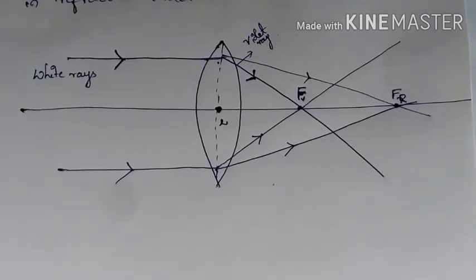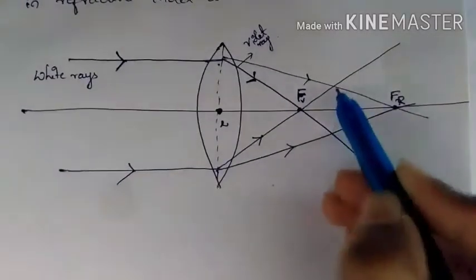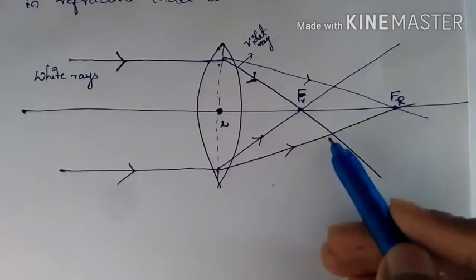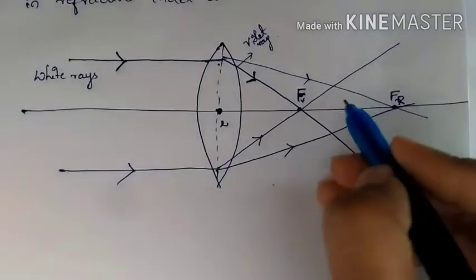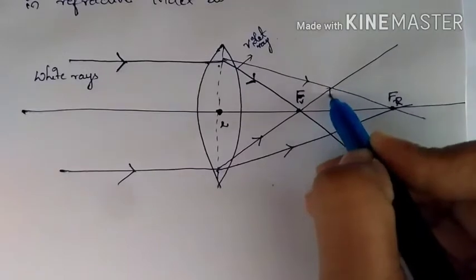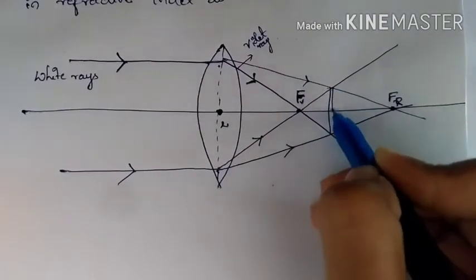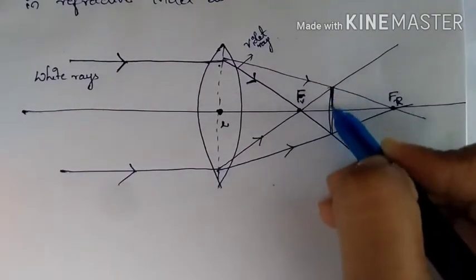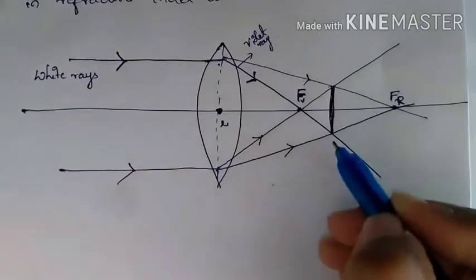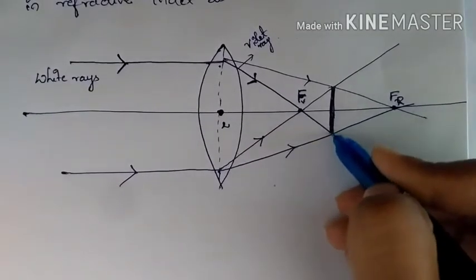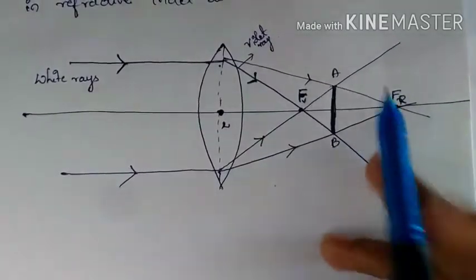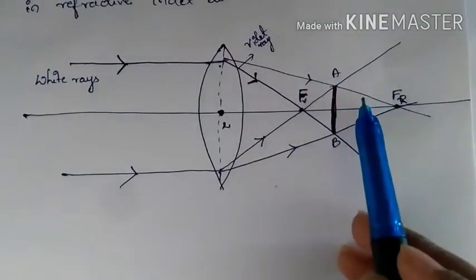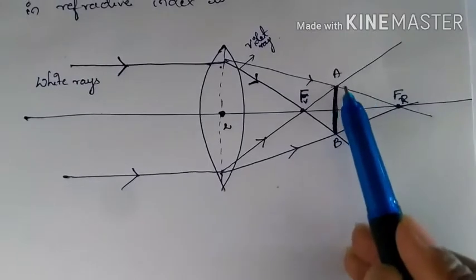So now there is an intersection of these two rays. These two intersections will form the circle of least confusion. So this will have the smallest radius that is possible. So this is A, B. So the intersection of this plane with the beam is a circle of minimum radius.